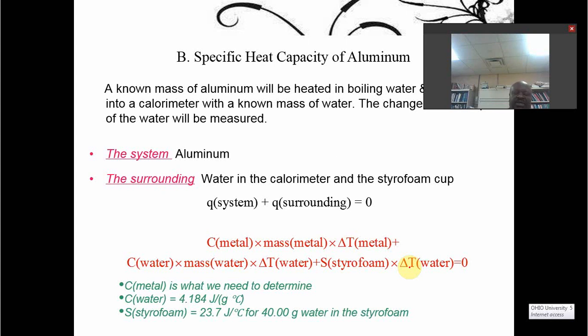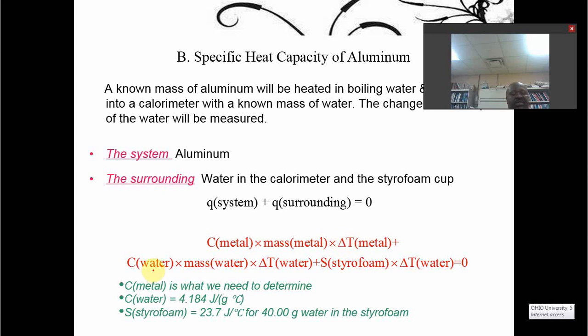And this time we'll know the specific heat capacity of the water, and we'll measure the temperature change. So if you look at the equation, Q system plus Q surrounding is equal to 0. Both of these are undergoing temperature changes. So C metal, that's what we're looking for. Mass of the metal, we know this. Delta T, we can determine that.